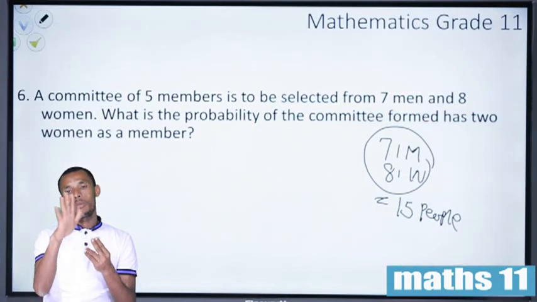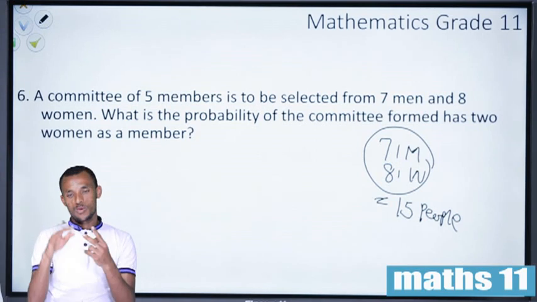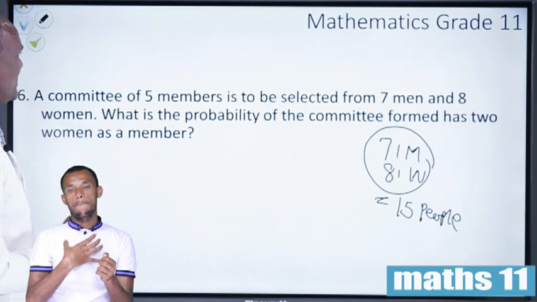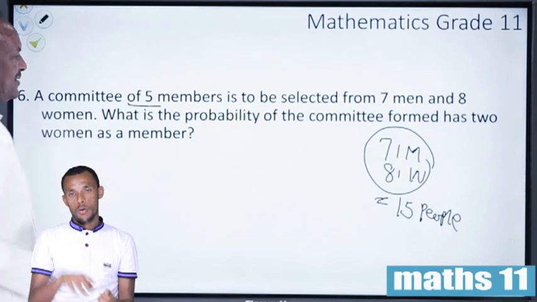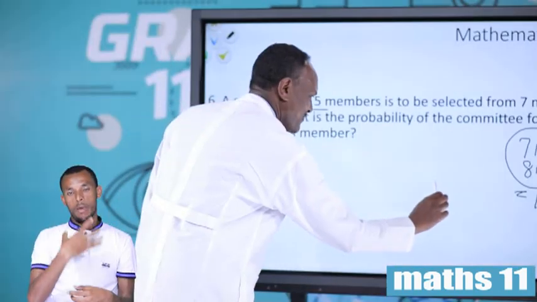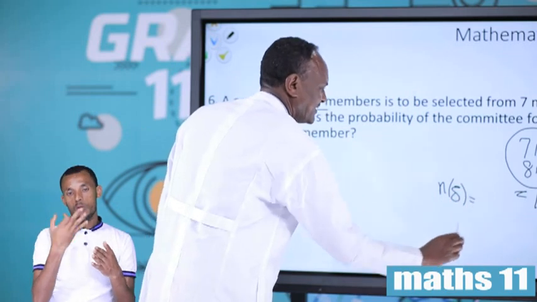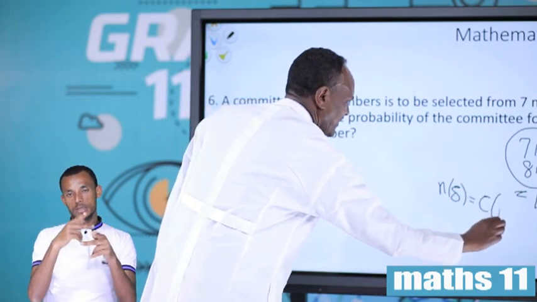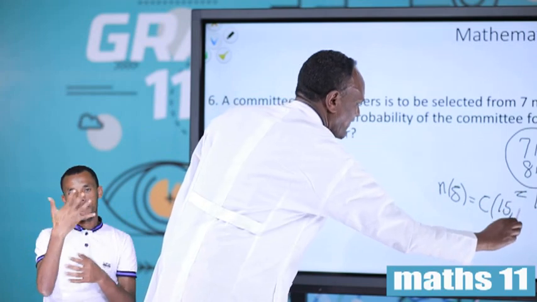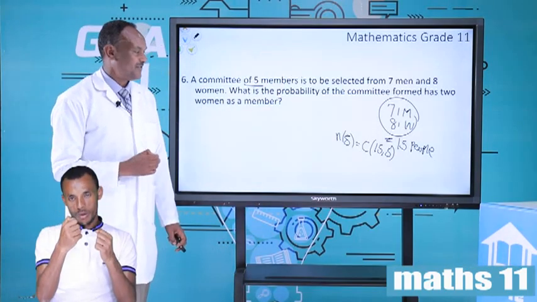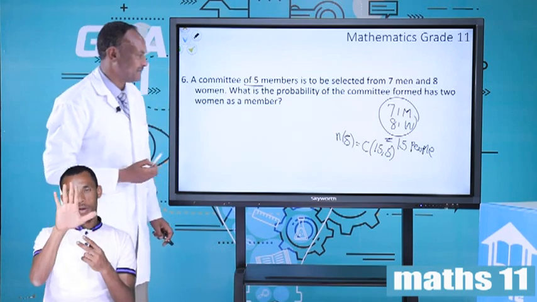What you are interested in is to select a committee with 5 members. So the number of elements of the sample space is the combination of 15, 5. You should be able to select 5 individuals from 15.